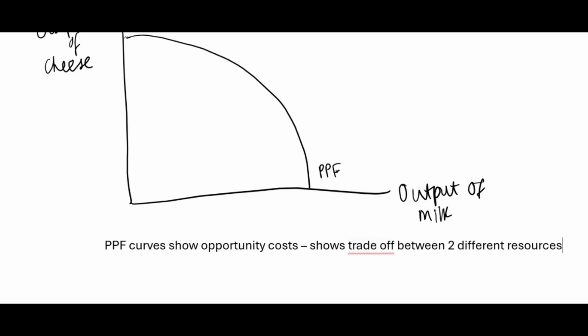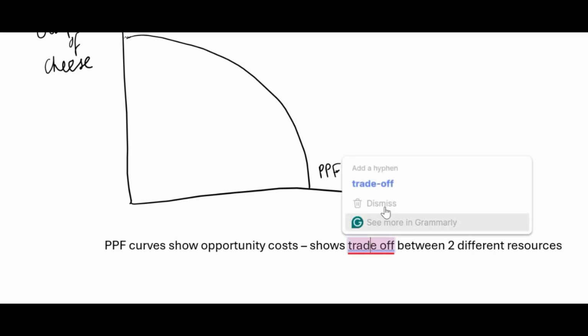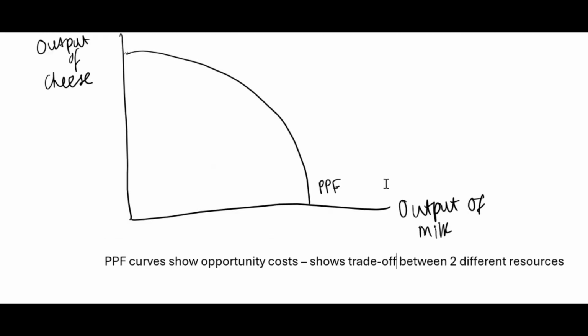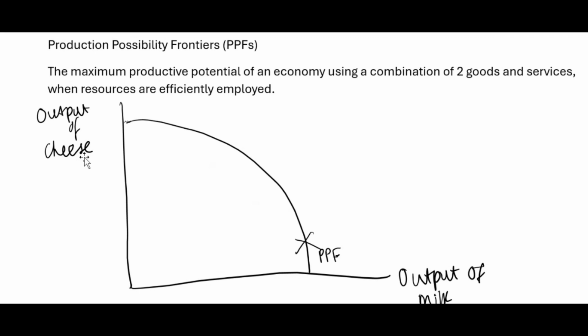The way it does this is you can see, for example, if we were here on the PPF at this point, we're producing much more milk than cheese. Look, this is how much cheese is being made and this is how much milk is being made. Let's say this is 100 units and this is, I don't know, 20 units. A lot more milk is being produced than cheese.